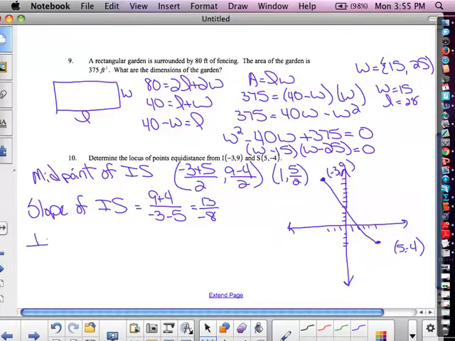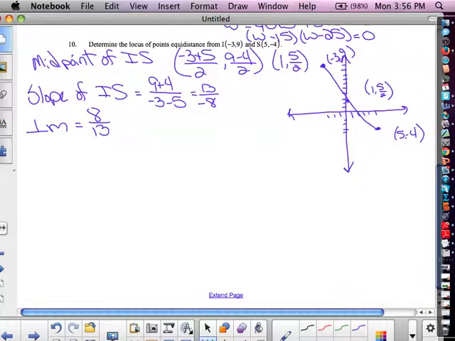Therefore, the perpendicular slope is equal to 8 over 13. So now you have the midpoint at 1 and 5/2, and then you have the slope of that line. So you can use slope-intercept or point slope. Y minus y1 is equal to m times x minus x1. Substitute the ordered pair, the midpoint, in as x1 and y1.